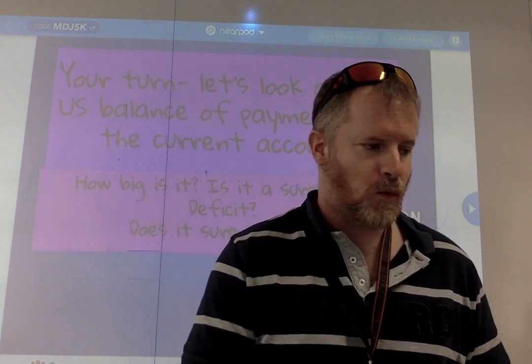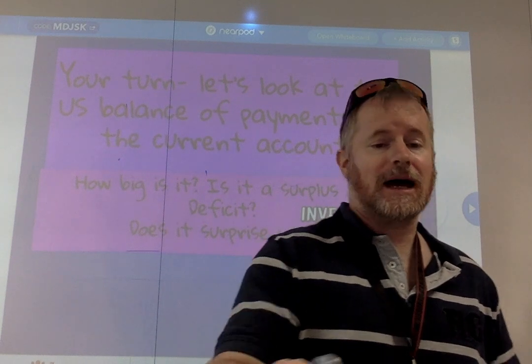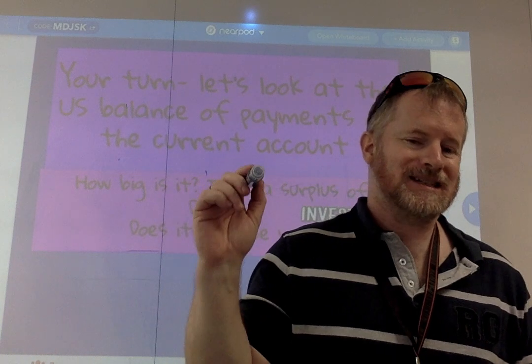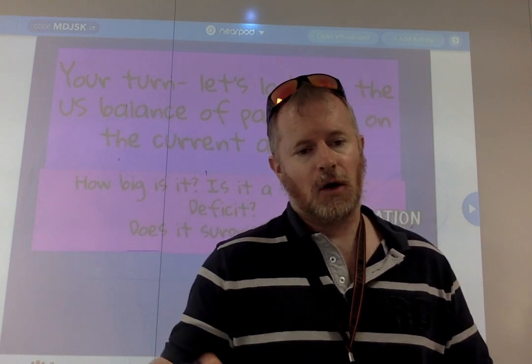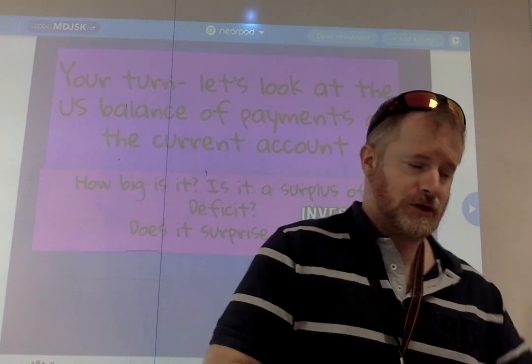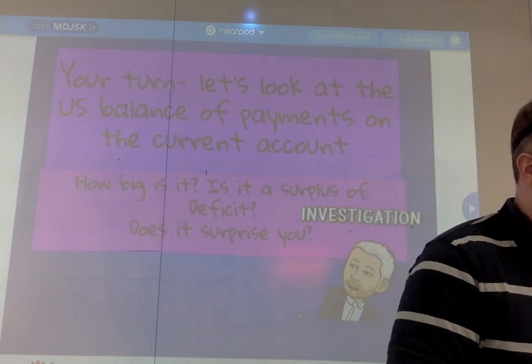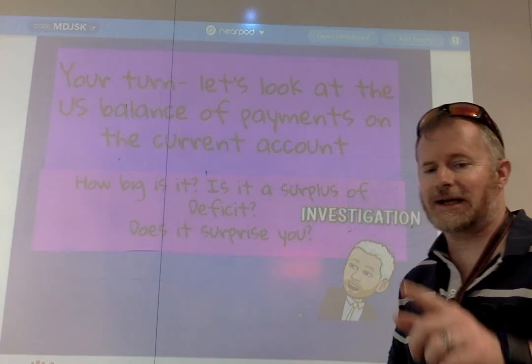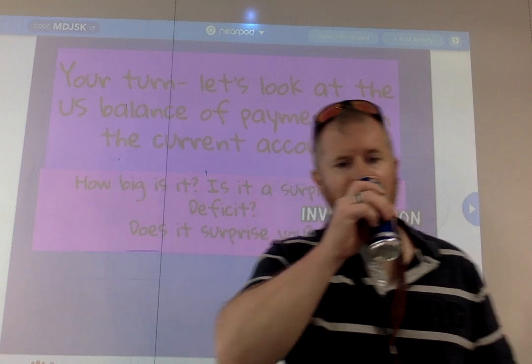See if you can find out what number that is, because then it's an argument of how big it is. Is it a surplus, is it a deficit, and does the size of the number, or the fact that it's a surplus or deficit, actually surprise you? So you've got a couple of seconds, have a go, fast as lightning, into Dr. Google, and put the answer that you find into the chat, please.